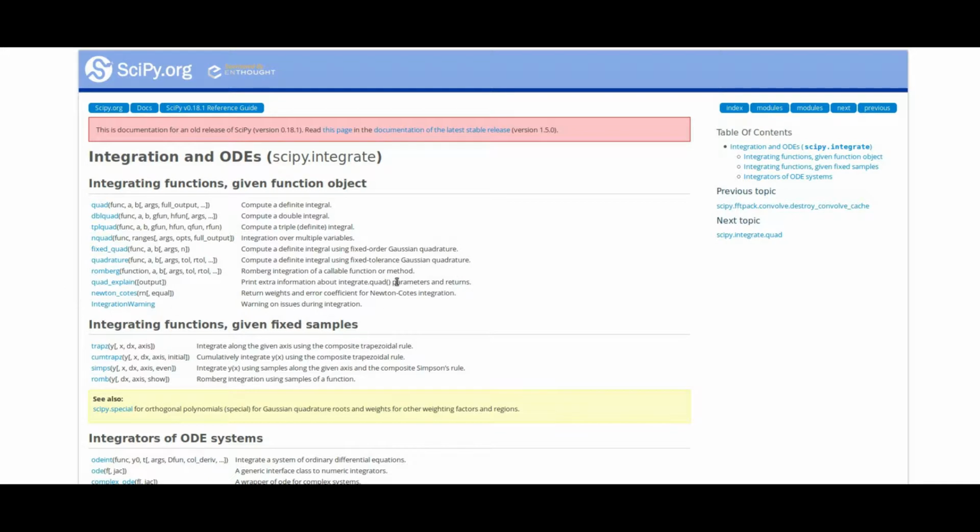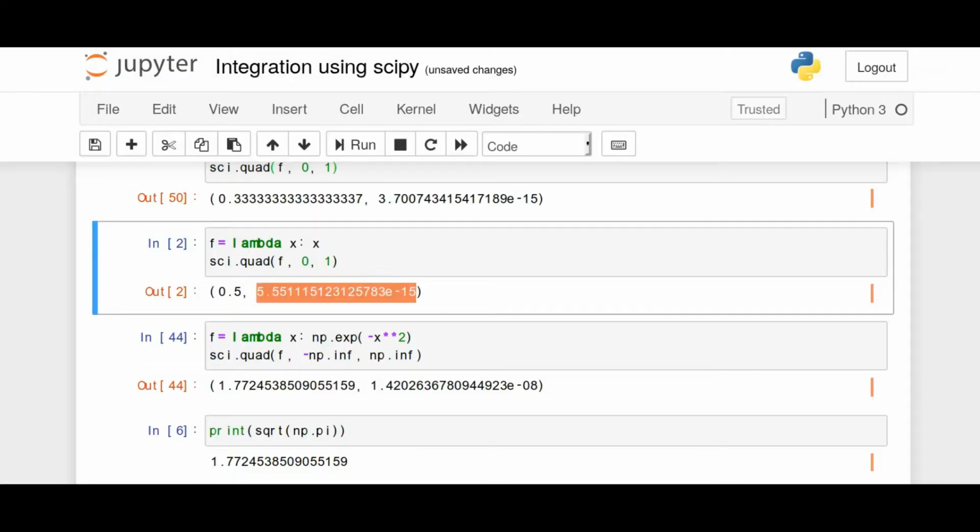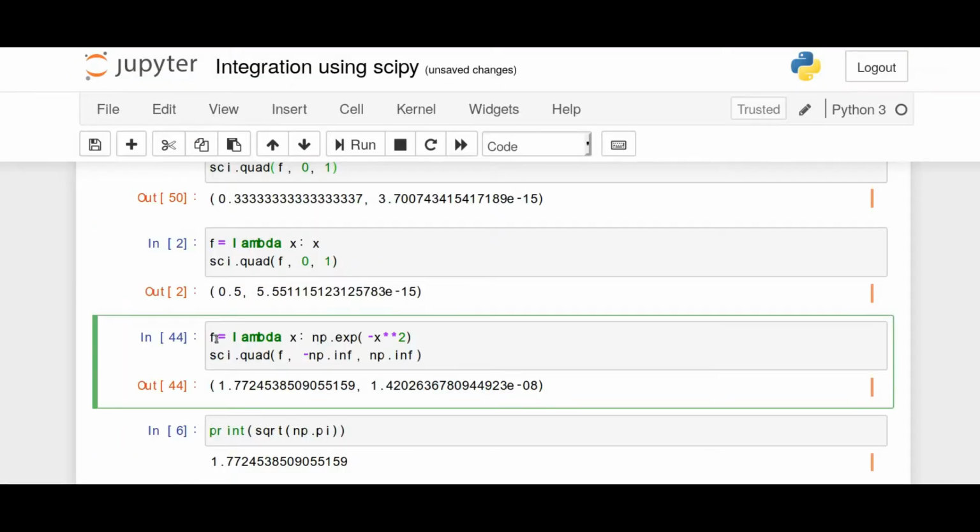There are some different methods, and if you go through this you will get a better idea of how to calculate. I am not giving the details of the quad functions, and while using them you will understand more.